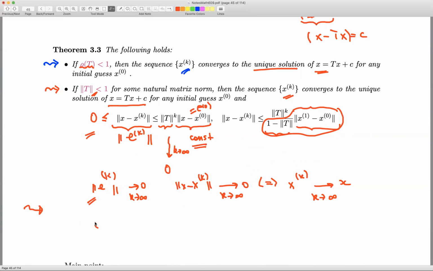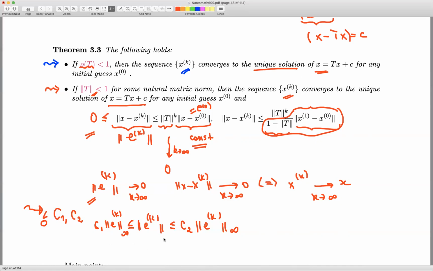So there are some constants C1 and C2, which may or may not depend on n, such that this particular norm here is bigger than or equal to C2 times the infinity norm of the error, and bigger than or equal to C1, where C1 and C2, as I said, are constants strictly bigger than 0, times the infinity norm of the vector Ek.